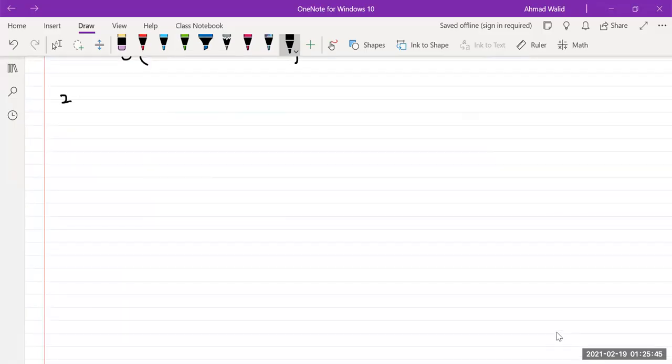Type 2, the famous one that we use a lot, we call it the difference of squares. If someone gives you a difference of squares, a squared minus b squared, or in some books even they're using x squared minus a squared, whatever notation you use.